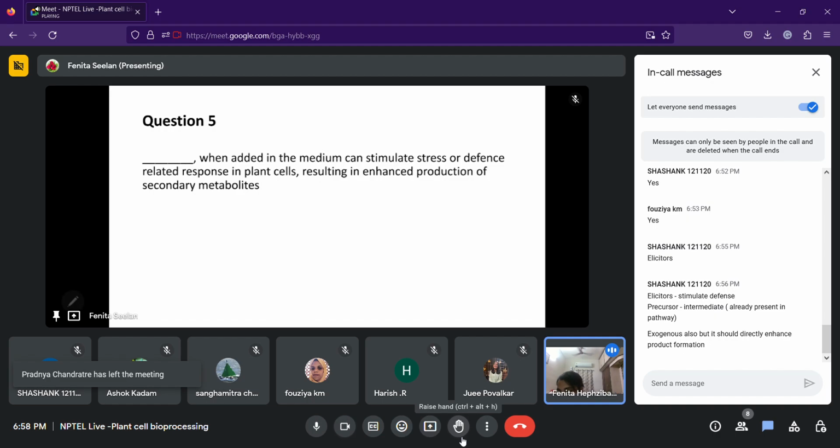These are produced from the organism. These will be produced by the organism of interest itself, which is here the plant. So what is an obligate intermediate?